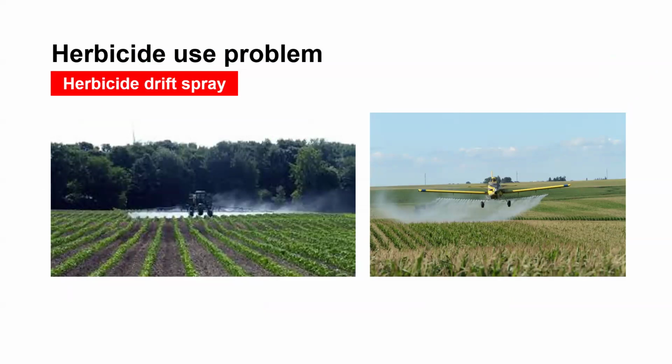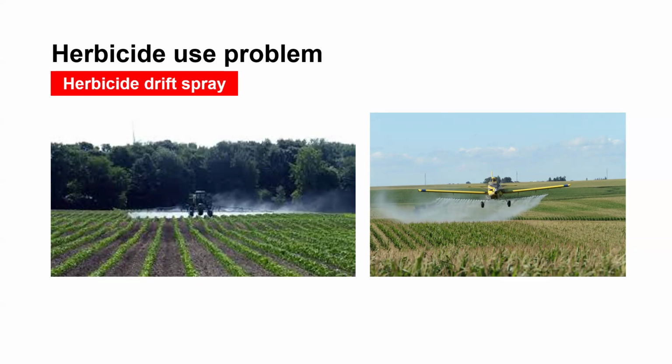You can see in the picture a drone spraying herbicides on crops. The spray may affect the target organisms, which of course are weeds, but the spray can also affect non-target organisms, which are the cultivated plants.